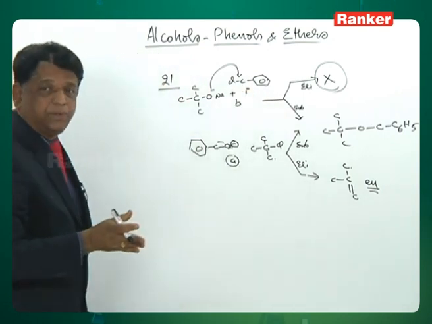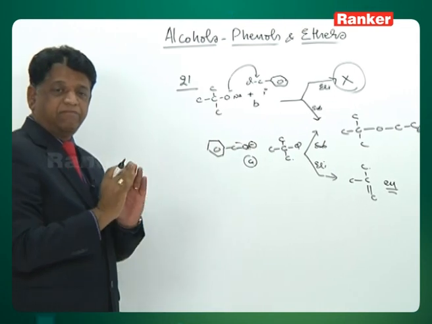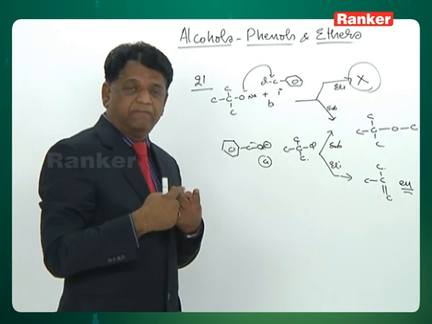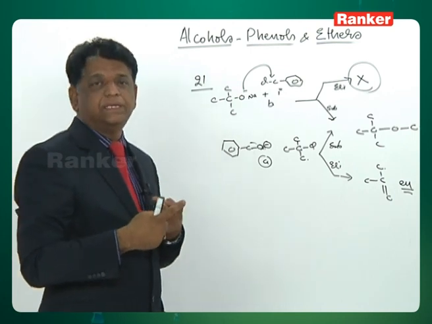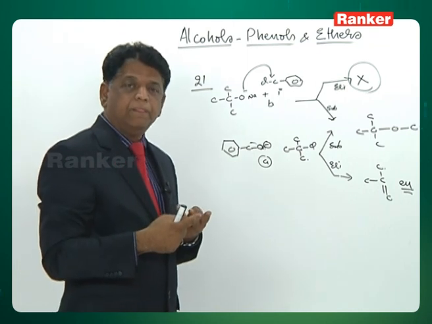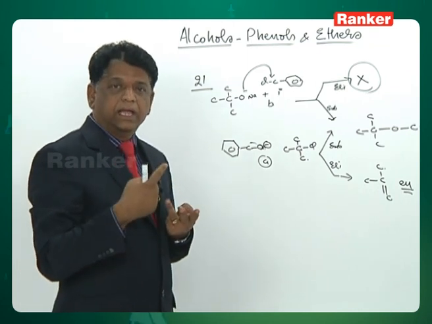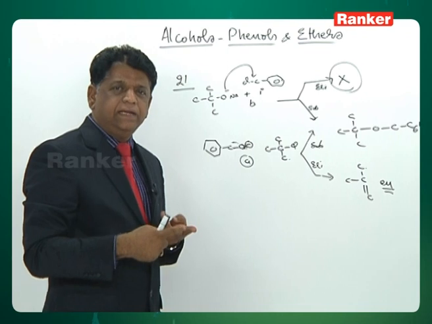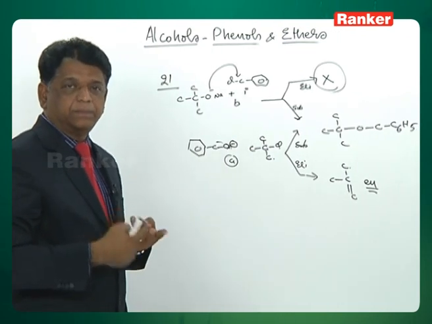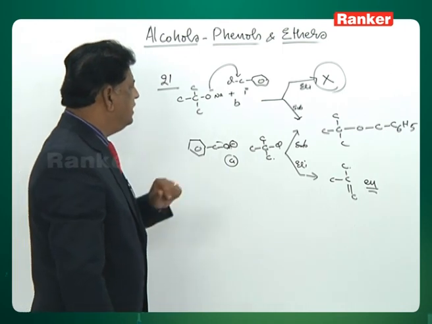Always prefer substitution. So if the topic of elimination versus substitution comes, it depends on two criteria. One is the stronger the base, elimination; the more dilute the base, substitution. Another point is based on the compound nature. If the alkyl halide is tertiary, elimination; if the alkyl halide is primary, substitution. So both points are verified here.